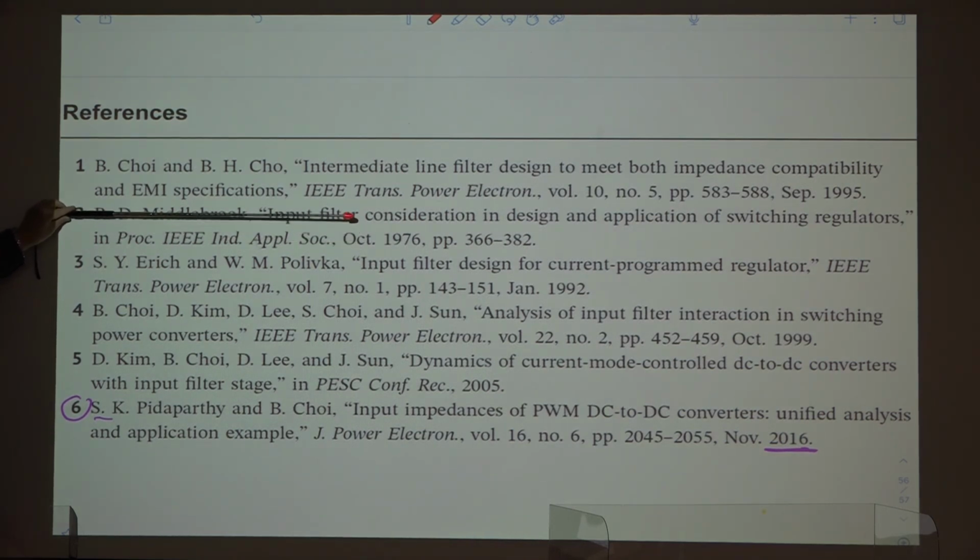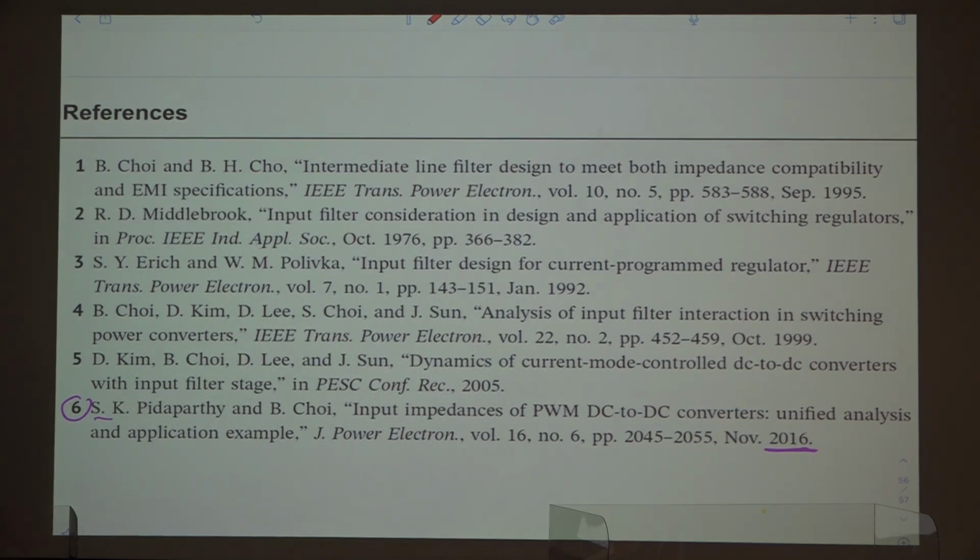This first addressed the line filter design. Previously, people were only concerned with the input filter design. At that time I was doing system level analysis, cascade converter system analysis, and I found that additional considerations are necessary for the line filter case. And I wrote down another good paper.